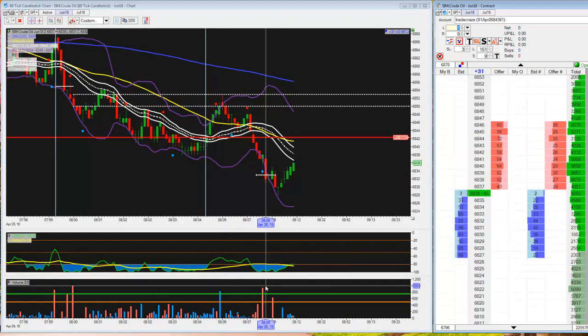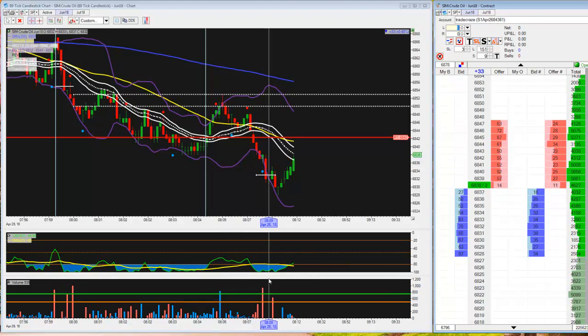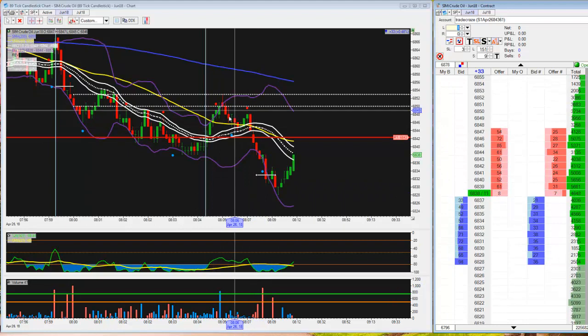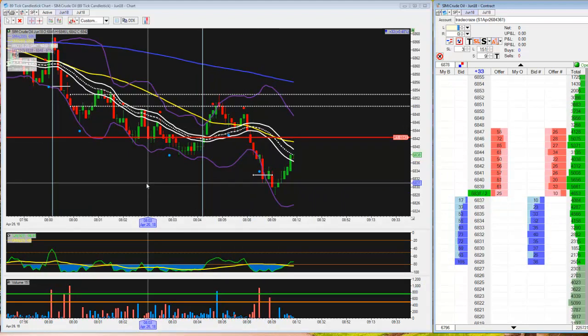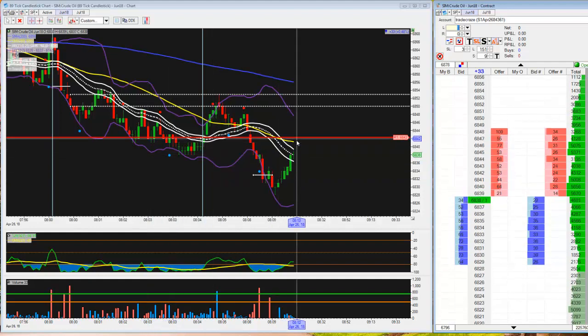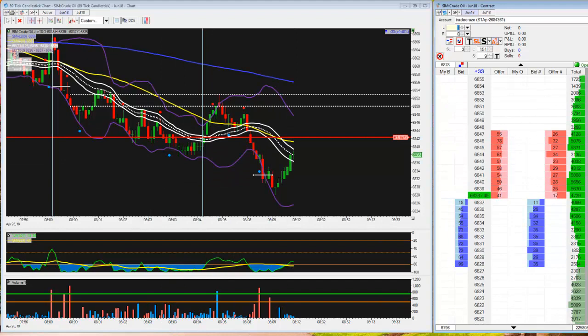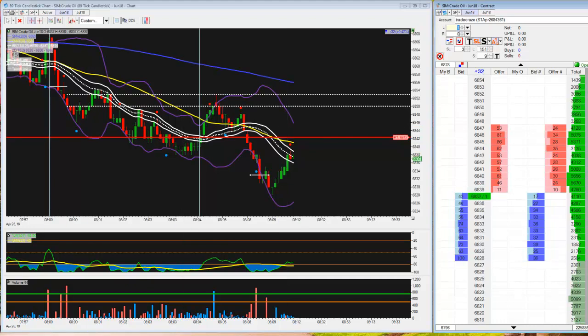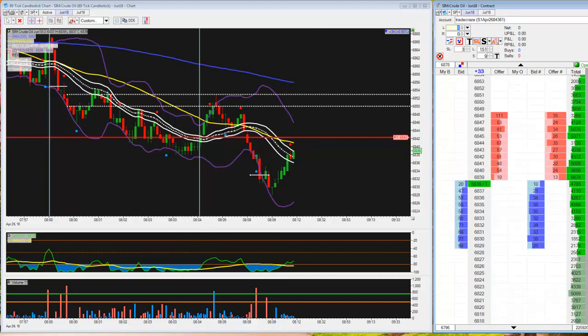That's not above 1000, it's 939. So I'm going to pause here and wait for us to see something that I think that I can trade.